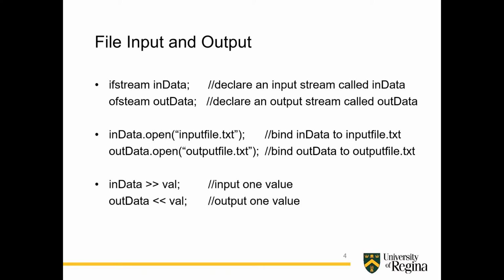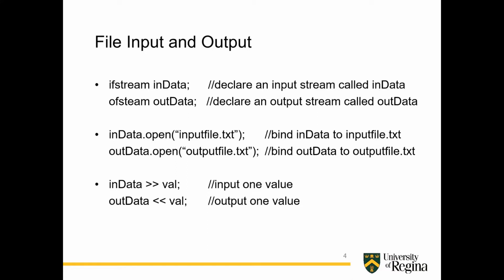After declaration of the streams, we need to bind the stream to the txt file which we are gonna read. So inData.open("input file.txt") will allow us to access the content in the input file.txt.